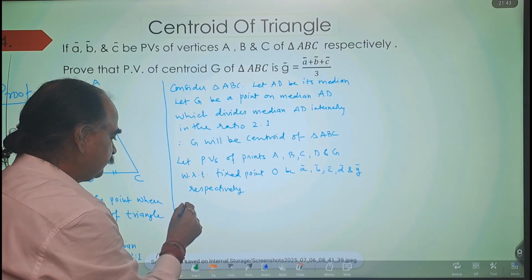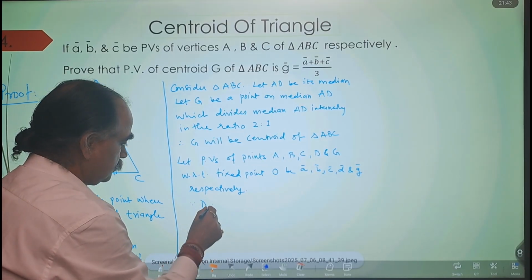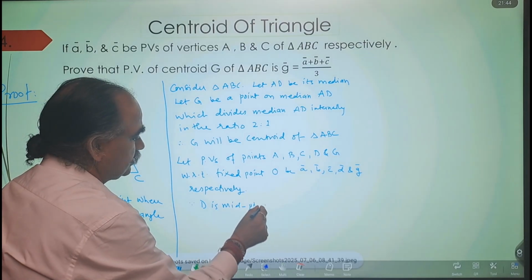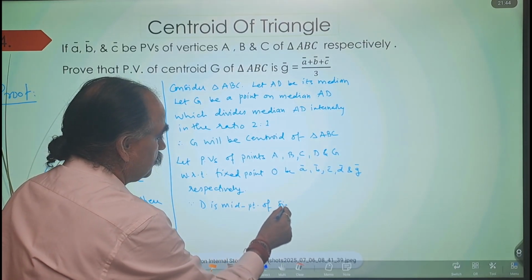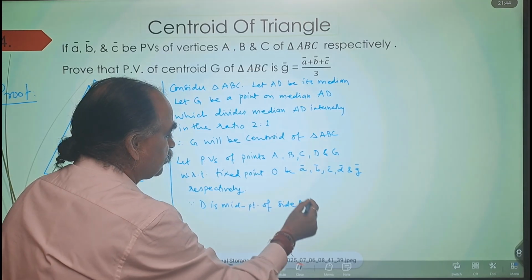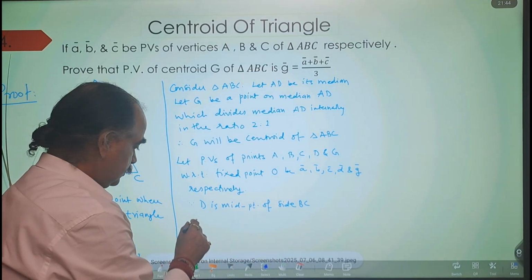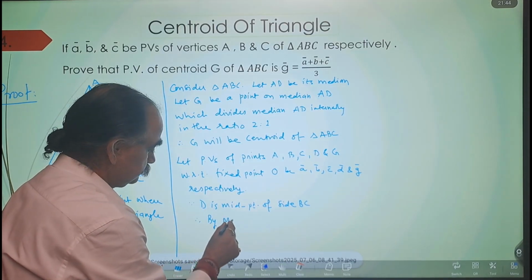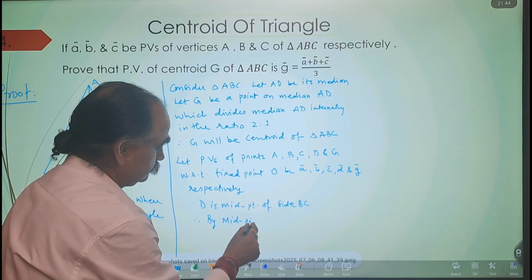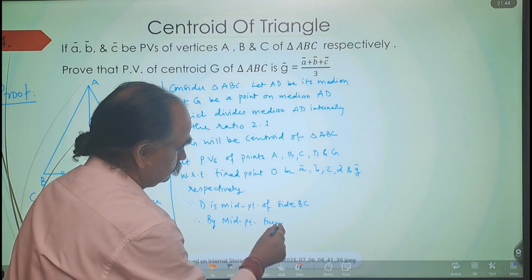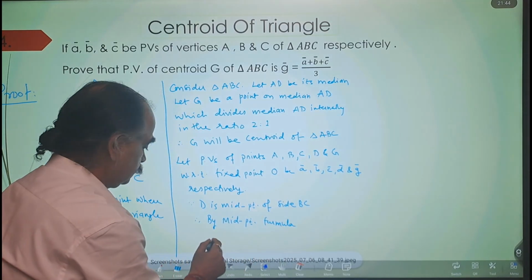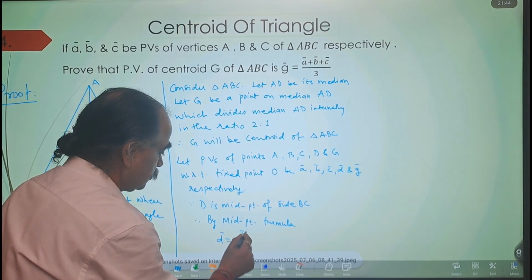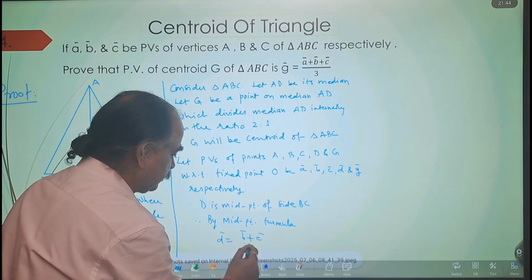Since D is the midpoint of side BC, therefore by midpoint formula, D bar is what? B bar plus C bar upon 2.